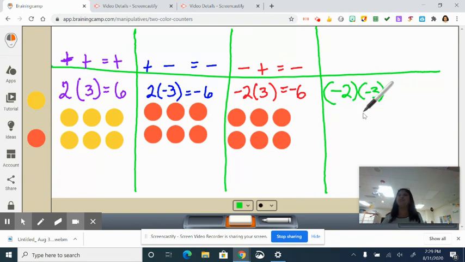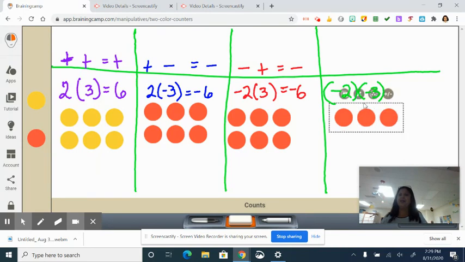No multiplication sign being used, no dot being used. What makes it a multiplication? The parentheses. Here's one group of negative 3, and here's my second group of negative 3.